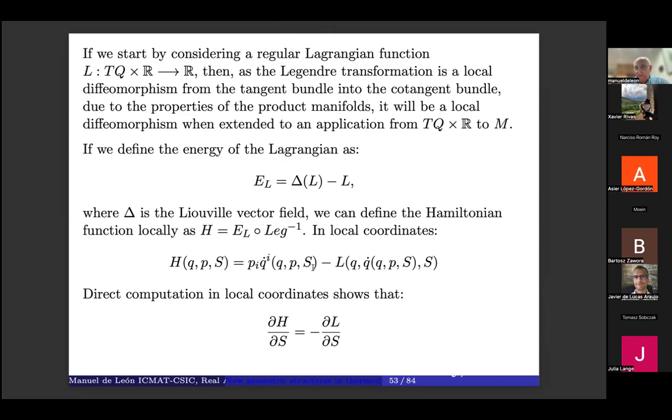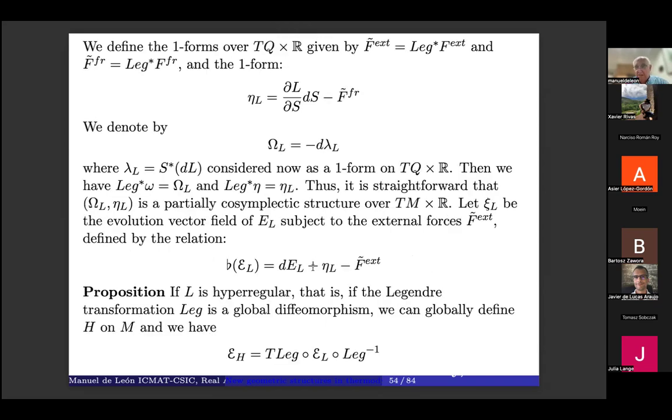Remember this equation: the partial of H with respect to s is just minus the partial of L with respect to s. s is a global coordinate. And we transport everything to the Lagrangian side, and you have this eta L, omega L, and so on. So we have all these things.